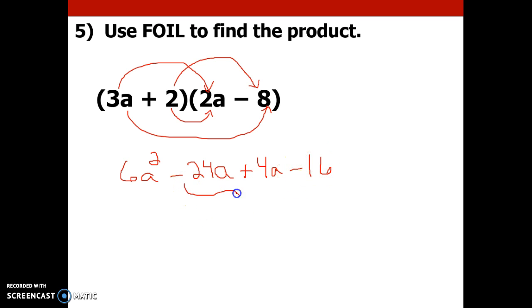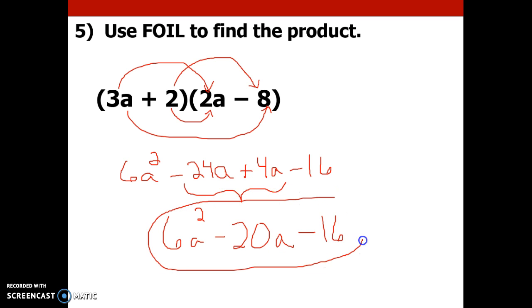Once again, in the middle, I have two terms that will combine together using our like terms. I'll go ahead and combine those together and end up with 6a squared minus 20a minus 16. And there is my final answer.